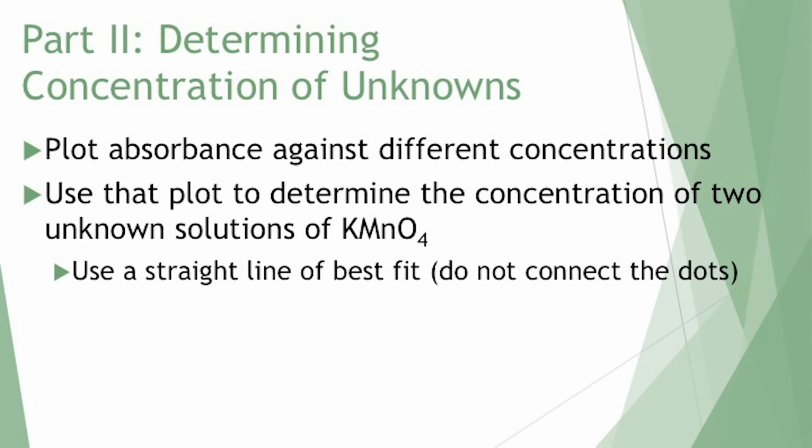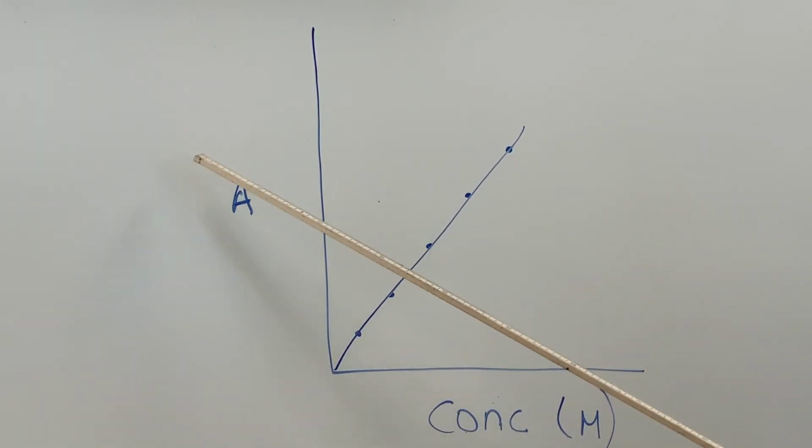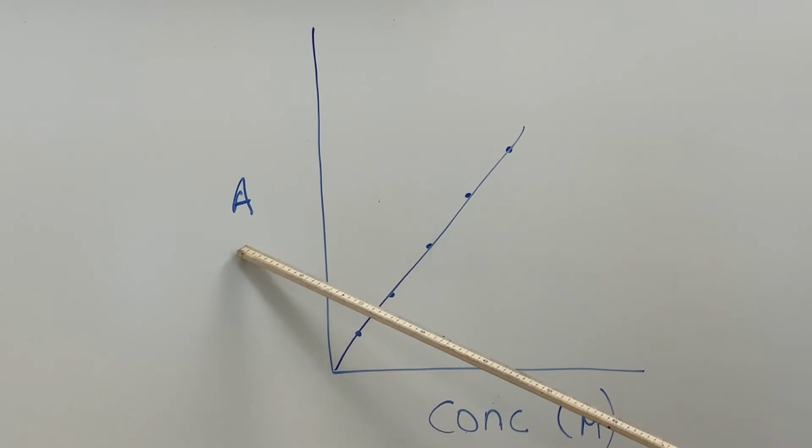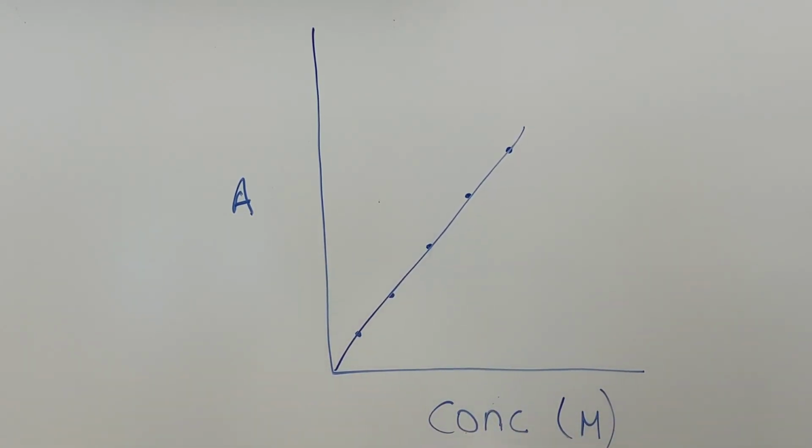The second part of the experiment is where we're going to plot the absorbance against different concentrations. Again, you will record the value as percent transmittance, then convert that to absorbance, and then plot that against the concentration.